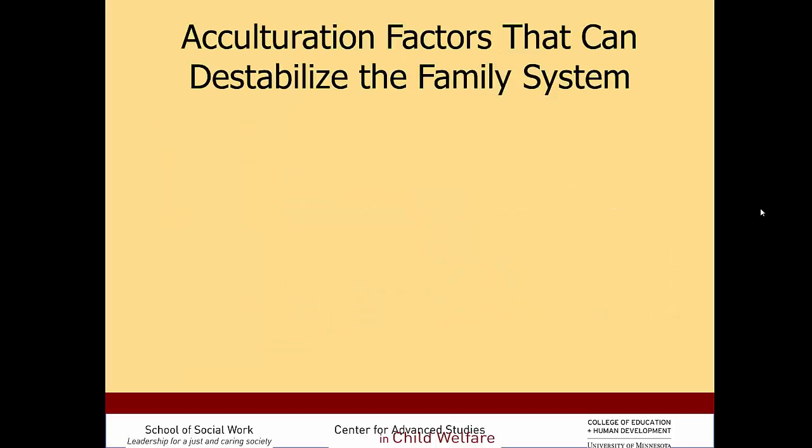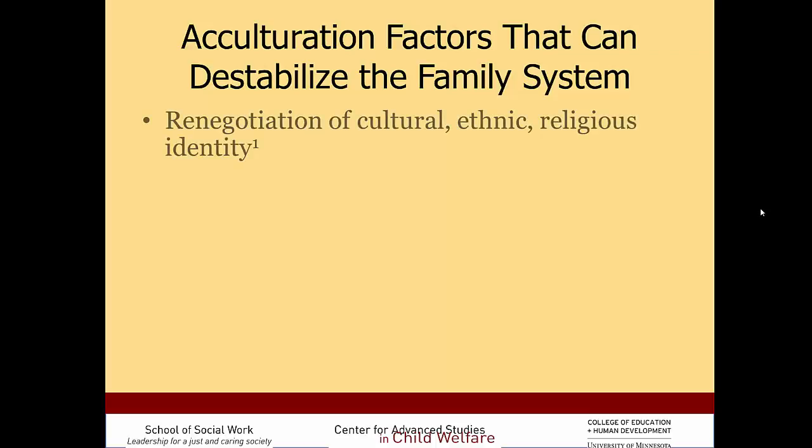Additionally, acculturation factors can also destabilize a family system. This slide presents several acculturation factors that families from refugee backgrounds may be dealing with. First, they face the challenge of renegotiating cultural, ethnic, and religious identities.